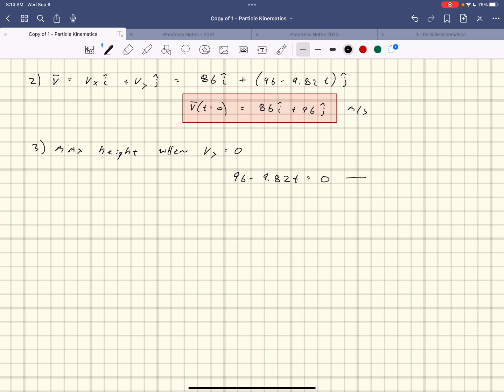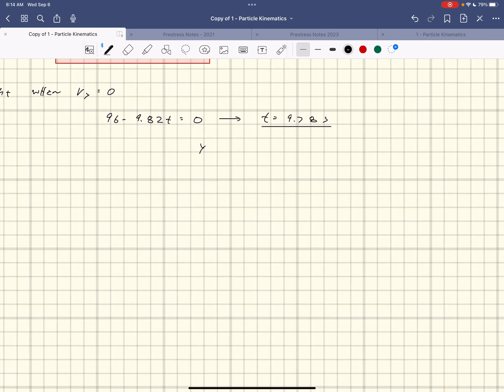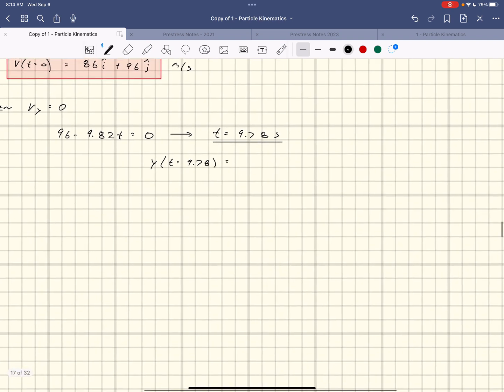If you solve that, I plug that right in my calculator, and that gives us t is equal to 9.78 seconds. Then I take that time and put it back into the y position. Y of t equal to 9.78. And that gives me 469 meters.